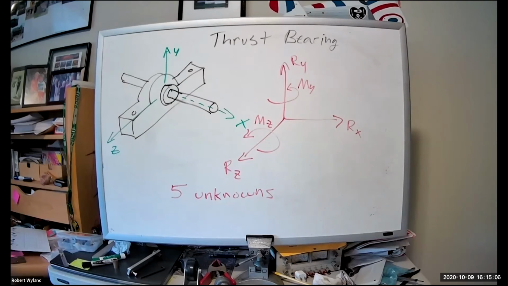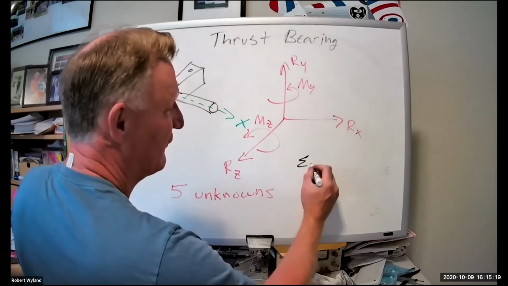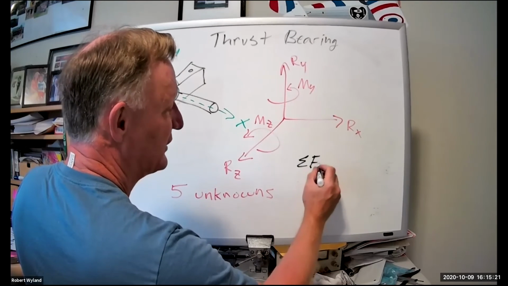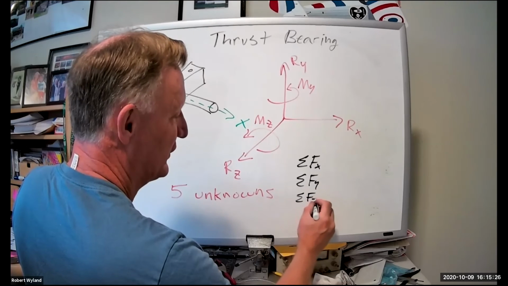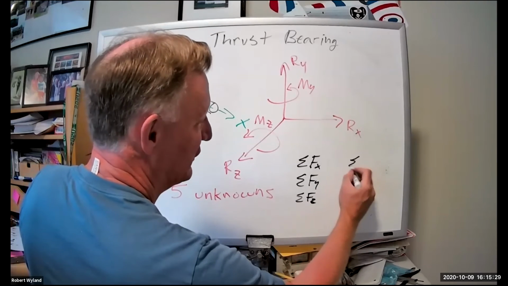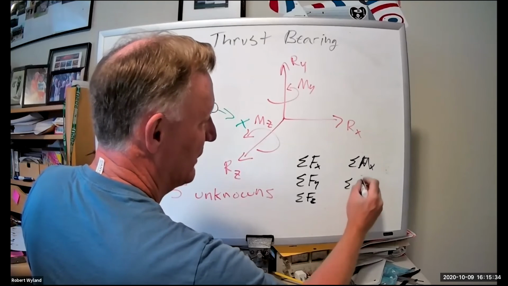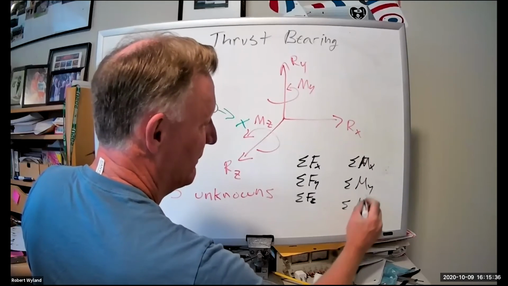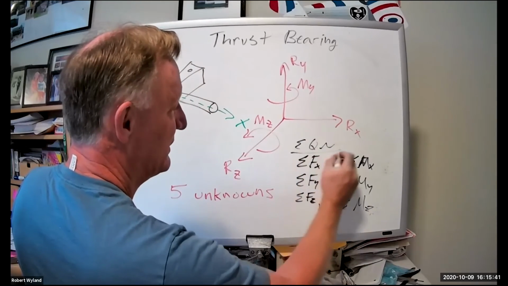And when we go back to that first page, we said we basically have 6 equations that we can deal with. When we're looking at our statics, we can use the sum of the forces in X, the sum of the forces in Y, the sum of the forces in Z, and we also can get the sum of the moments in X, the sum of the moments in Y, the sum of the moments in Z. So these are our equations that were available to us.